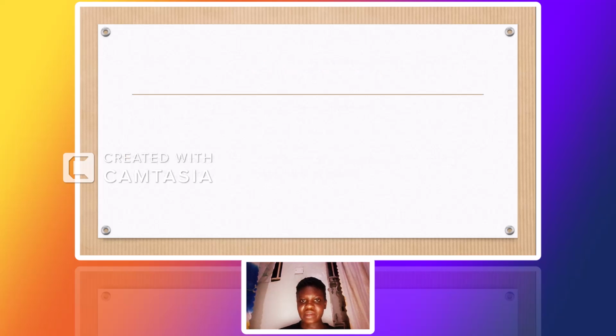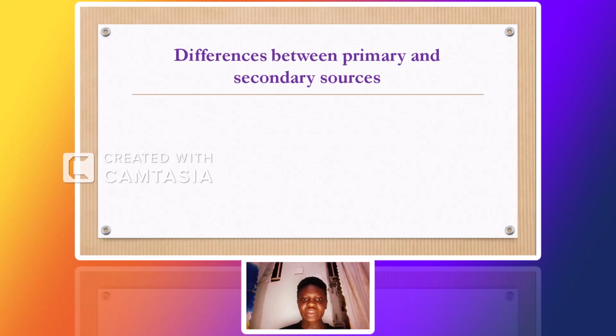Another thing is that these secondary sources can help us in many ways. As we have looked at primary sources already, these secondary sources are as important, meaning we will need both the primary and the secondary sources.